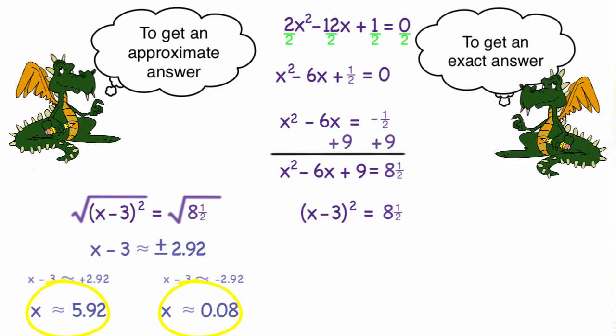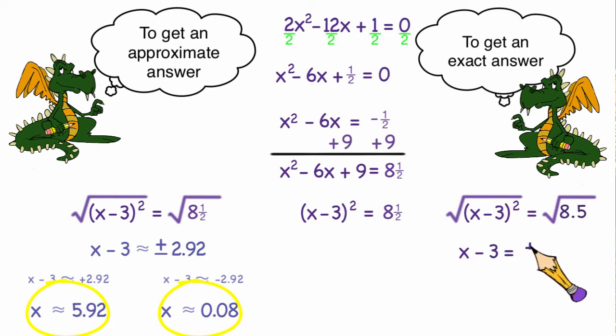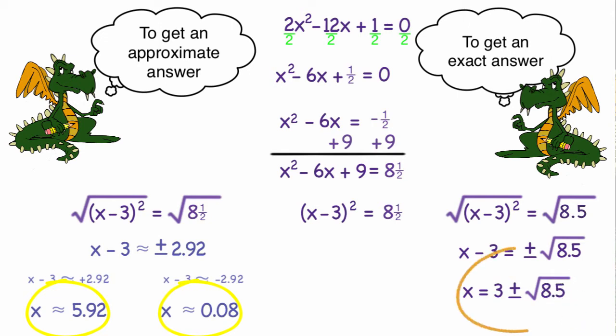If we needed an exact answer, we'd have to leave the square root sign. So I would not convert that to a decimal, getting x minus 3 is equal to plus or minus the square root of 8.5. We would then add 3 to both sides of the equation and get that x is equal to 3 plus or minus the square root of 8.5.